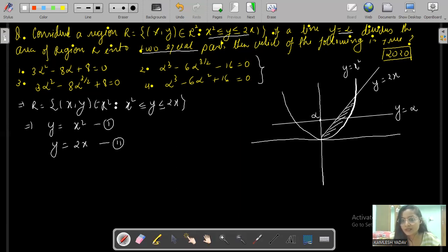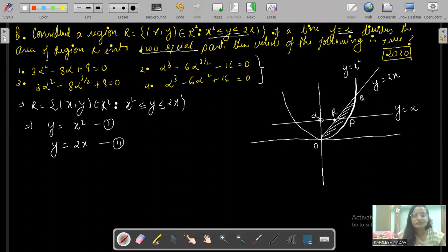This point is α. Okay, now we can give names to these points. So this is suppose O, this point P, this point Q and this point R.